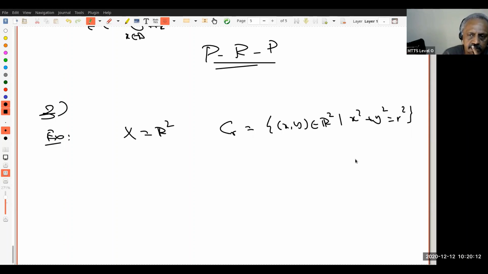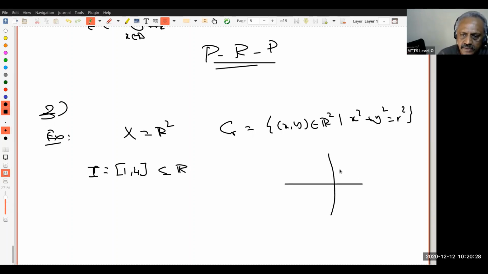Now suppose my r is in the closed interval 1 to 4 in R. Sorry, this is the indexing set. So what is C_r? C_r is a circle of radius r centered at the origin. This is my C_r and this is r. This is my indexing set. Oh, maybe I should do it as 1 to 2. Therefore, it's 1 to 2.